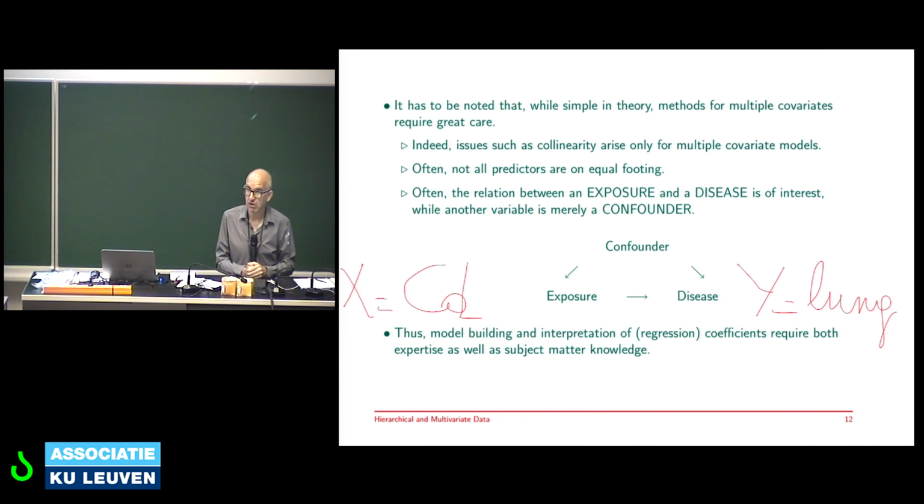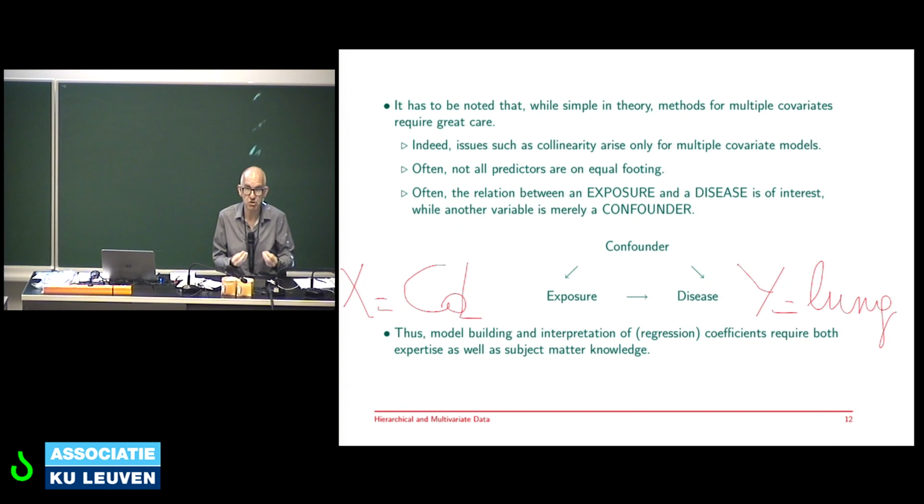But of course, I cannot do an experiment. I cannot say 50 people are exposed to cadmium, 50 people are not, randomly allocated. No, that's unethical. I can do that in a clinical trial with a medication. I cannot do that with a harmful effect. So what is the solution? I use the data that are available anyway.